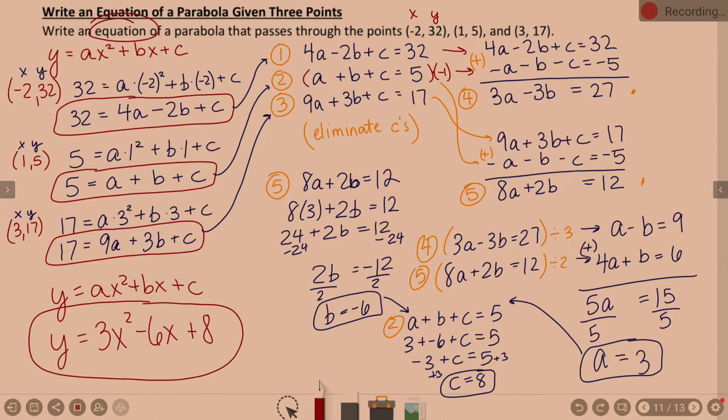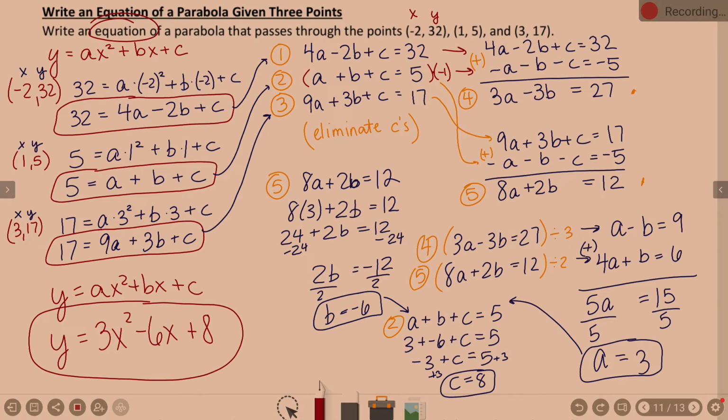So my answers are not ordered triples today. Your answer is an equation. My guess is they're already going to have the y equals, and you just have to write the rest. Familiar at least, right?